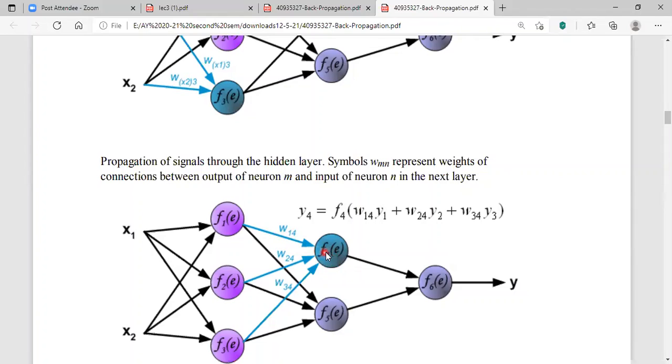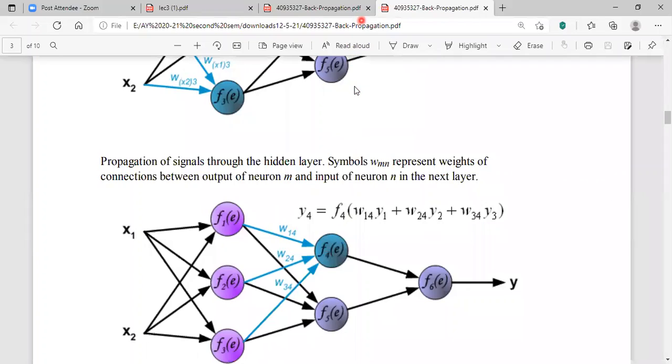So W14 into Y1, W24 into Y2, W34 into Y3. Hope this is clear for everyone. You want me to repeat? You can ask me. Yes? This is clear?